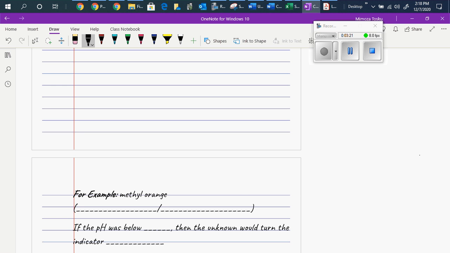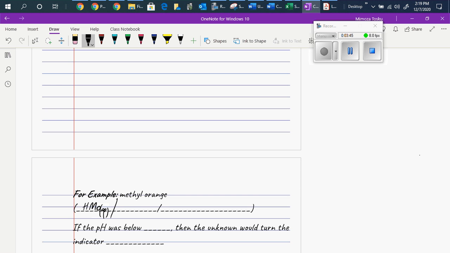However, let's see methyl orange, which is HMO (aqueous) and MO minus.